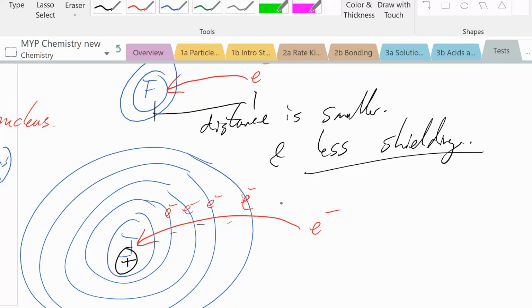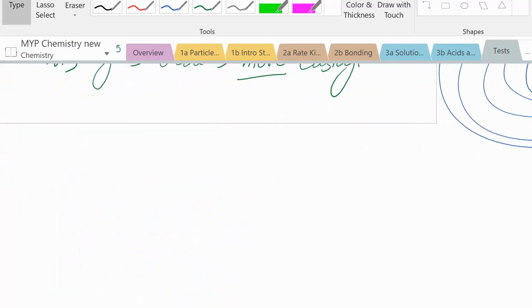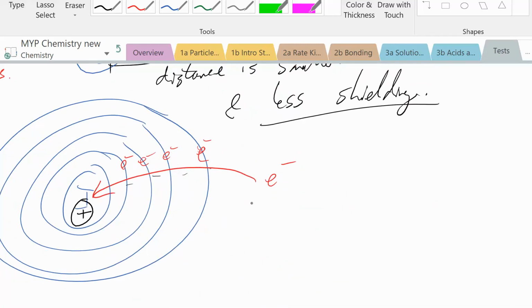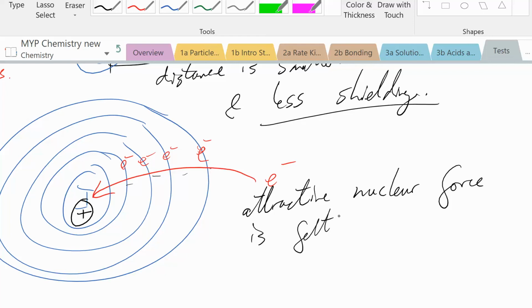So it's going to feel that force less, and that's the attractive nuclear force. So attractive nuclear force is felt less. Okay.